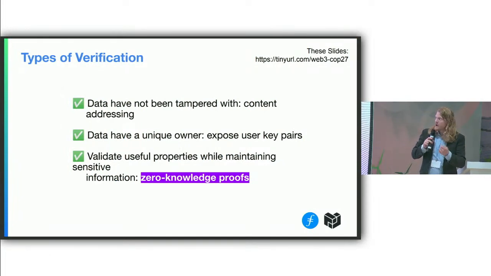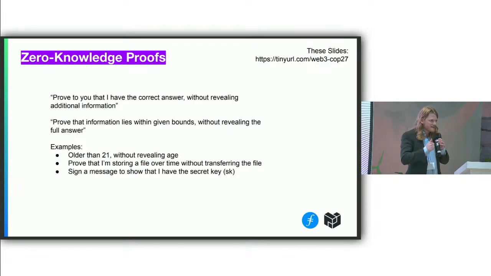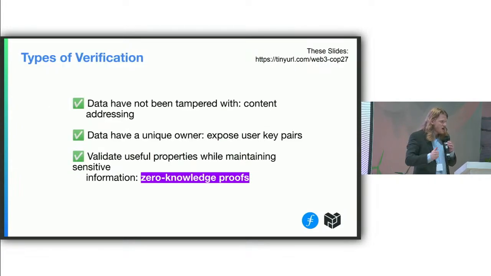So what are different types of verification? One I already talked about: content addressing allows you to verify that data hasn't been tampered with. By addressing data based on the fingerprint of the data, not its location on the server, you're able to unambiguously reference what data you're talking about. So that's one type of verifiability. Another type of verifiability is that the data you're working with has a unique owner.